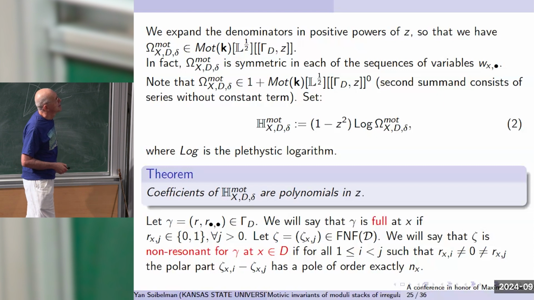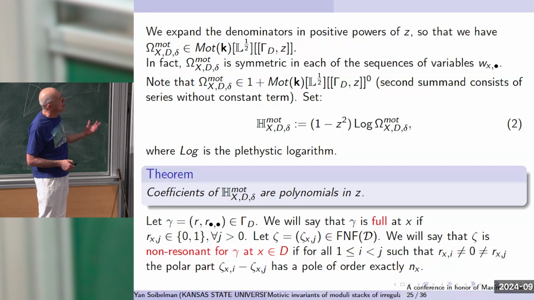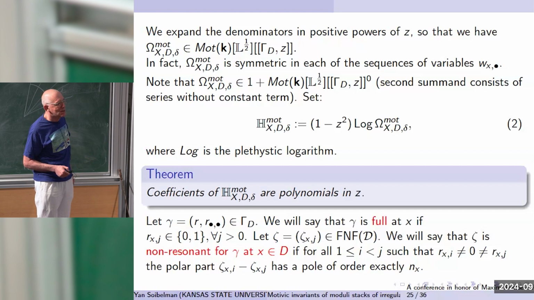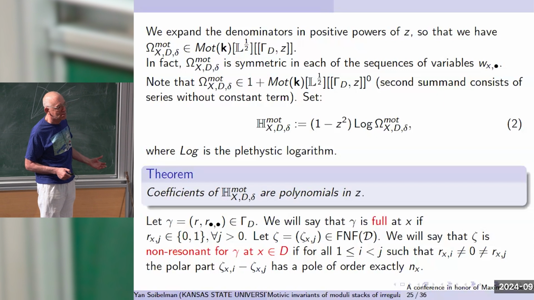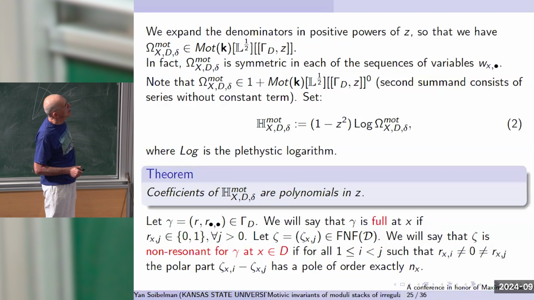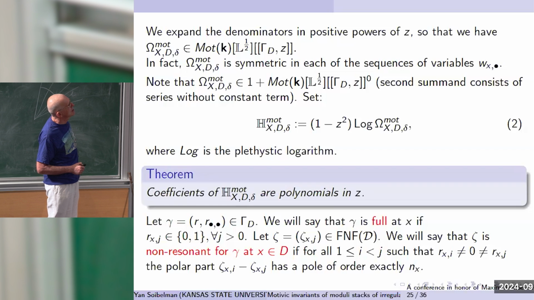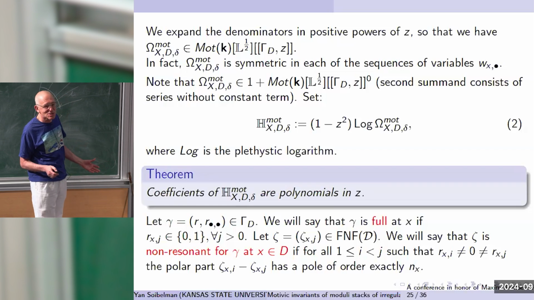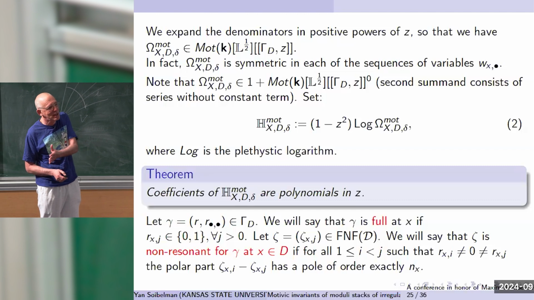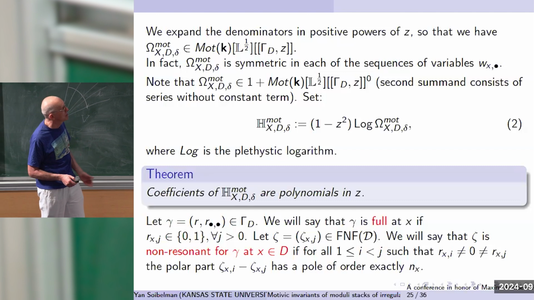So then, all right, two conditions. One which I mentioned at the very beginning of my talk, that we can get the answer only when the flags are full, unfortunately. So that's the condition that the jumps are either zero, so two consecutive elements of the flag coincide, or the rank jumps by one.